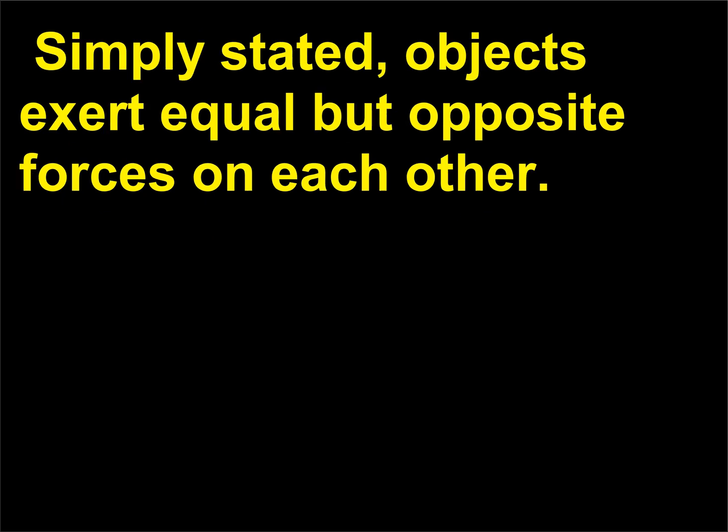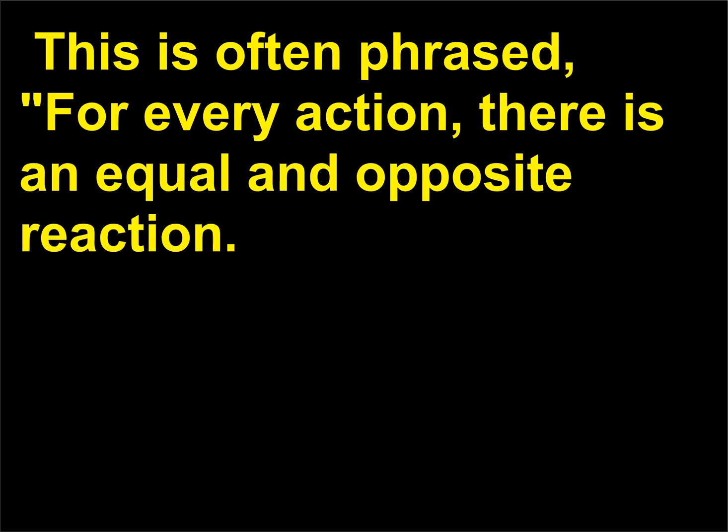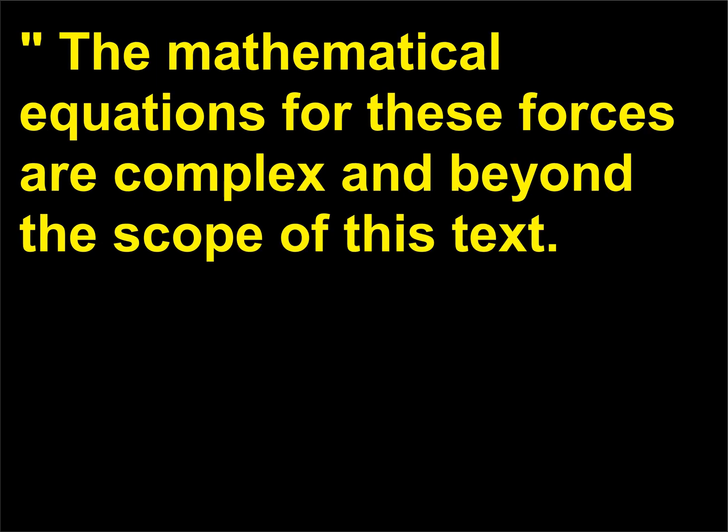Simply stated, objects exert equal but opposite forces on each other. This is often phrased, for every action, there is an equal and opposite reaction. The mathematical equations for these forces are complex and beyond the scope of this text.